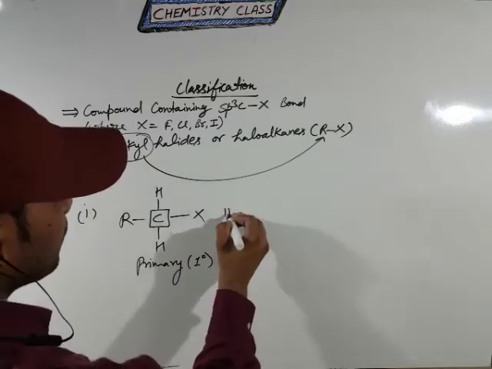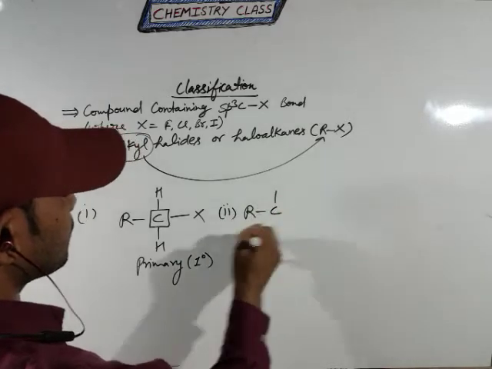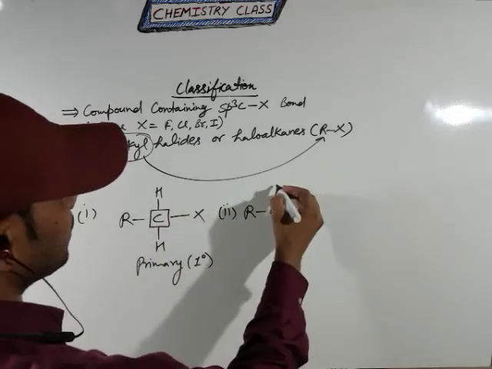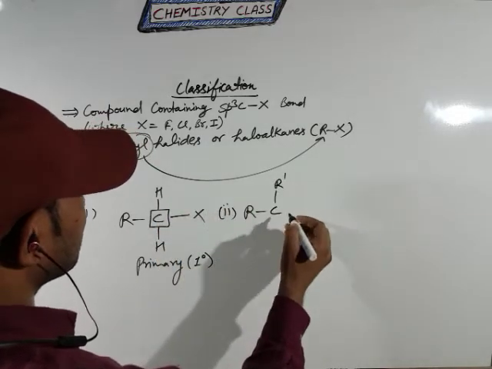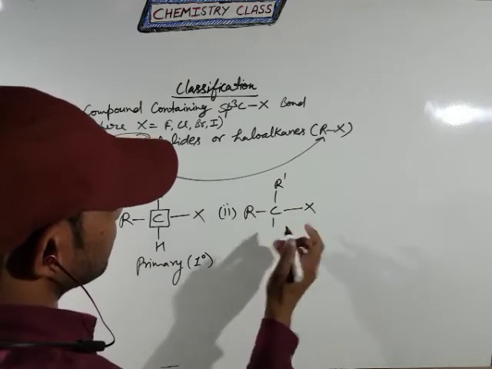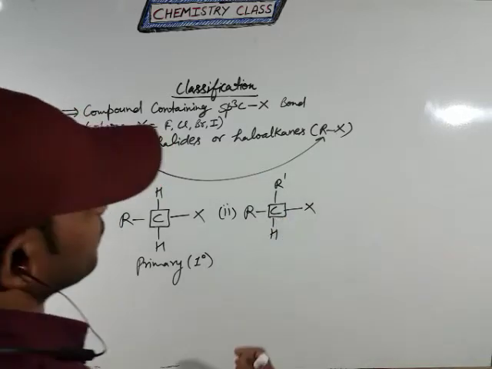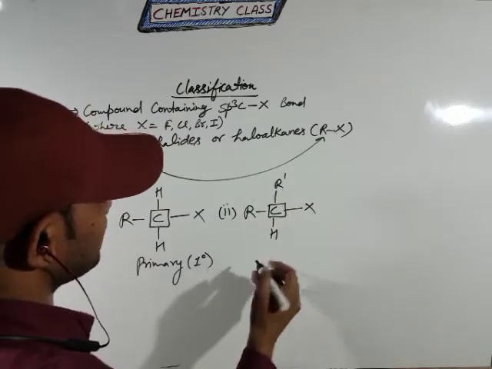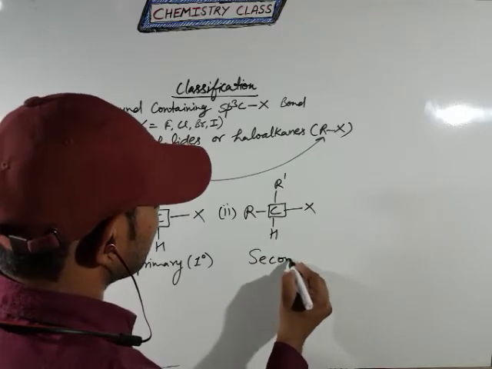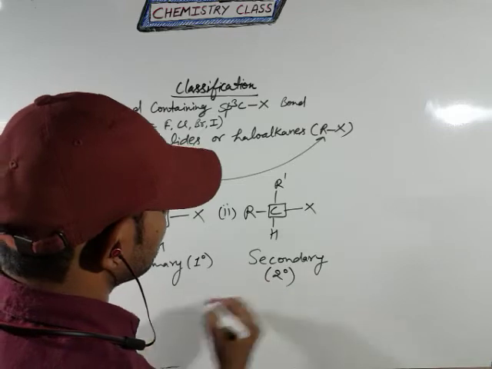But if you replace it with another alkyl group, if you remove this hydrogen and put in another alkyl group, then this is our parent carbon atom. If the parent carbon atom has two alkyl groups, it is known as secondary. Secondary means 2 degree.